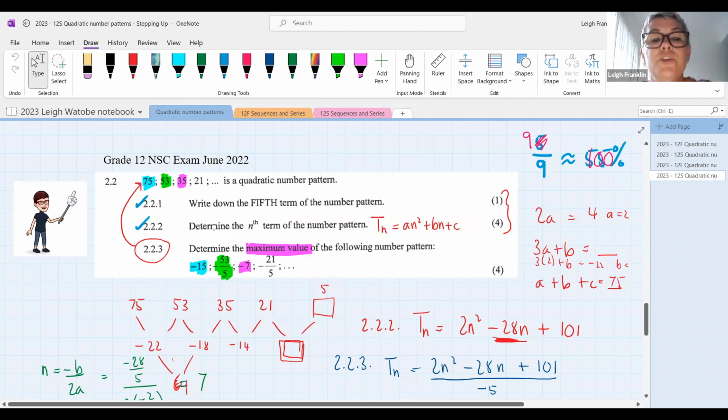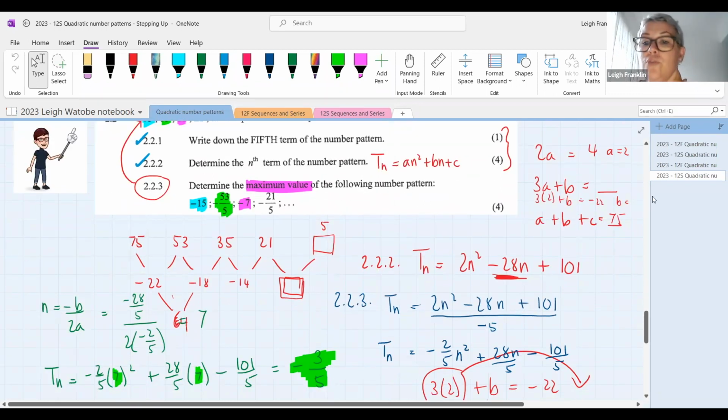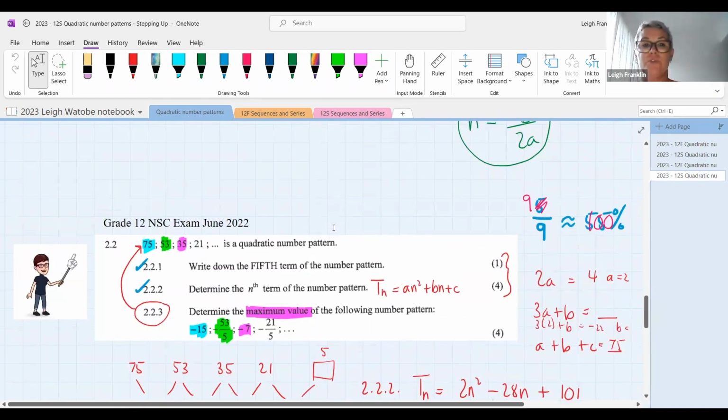In 2.2.2, they want us to determine the nth term of the number pattern, which was quadratic. So it would be in the form Tn equals an squared plus bn plus c. We would use these rules that I've written on the side. 2a equals 4. You've got to work out your first differences, your second differences, and then use those rules.